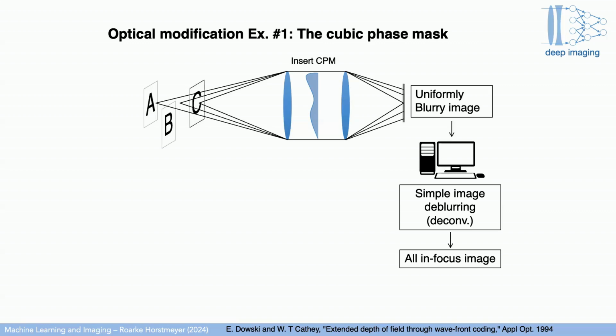Because the A and the B and the C will all be convolved with the same point spread function, independent of their depth. So then all I need to do is try to deblur the image with this deconvolution. And it doesn't matter how far away things are, right? It'll just work across the entire image, and I'll hopefully be able to recover a sharp image.